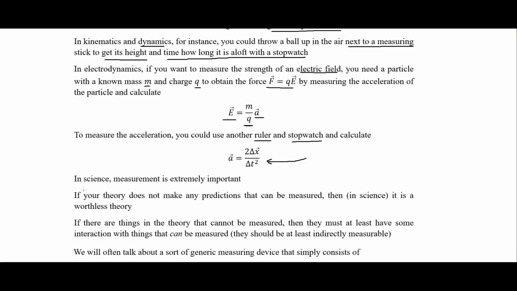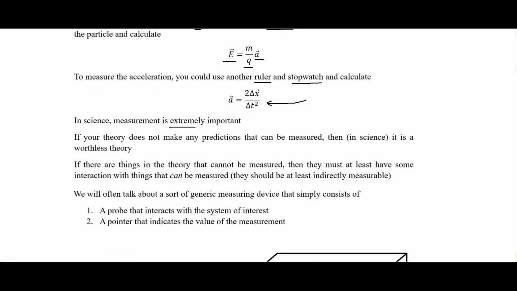And so in science, measurement is extremely important. So if your theory doesn't make any predictions that can be measured, then in science it's a worthless theory. I mean, like I said, it's in science. If you're coming up with predictions that can't be measured, then it's not really a good scientific theory.